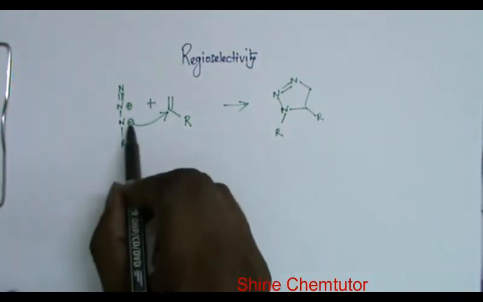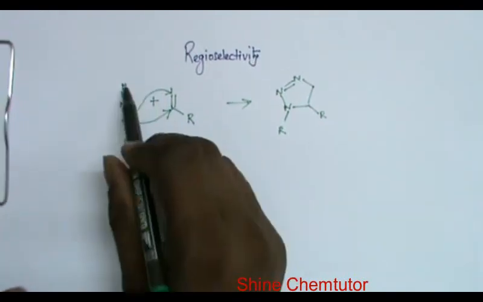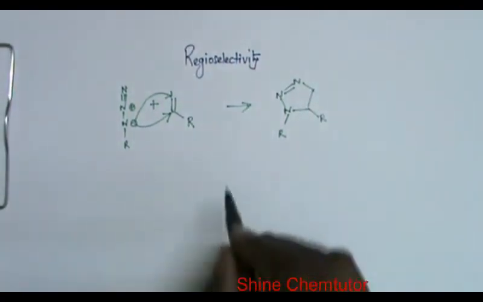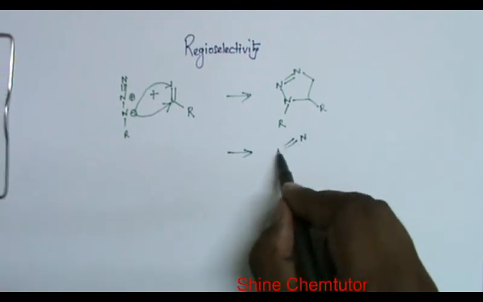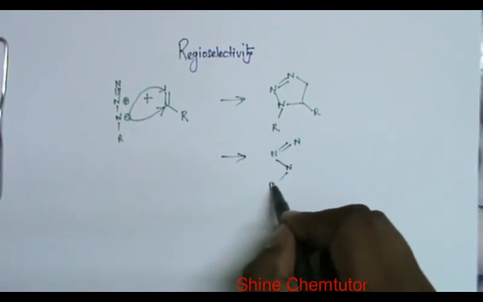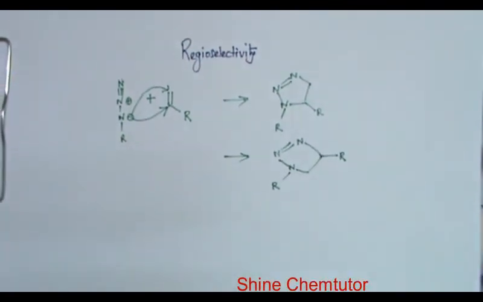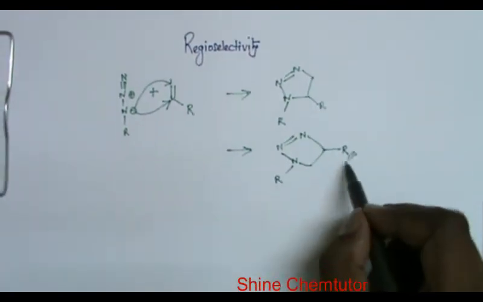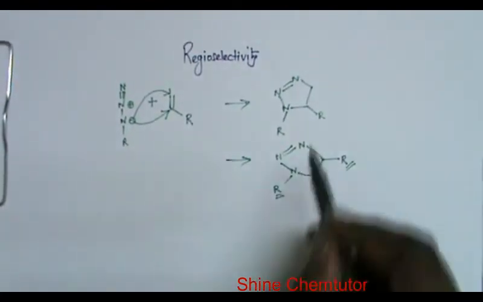On the other hand, this can attack this particular carbon and a ring can be formed between these two. We may get another product like this. Here the two groups are on 1,3 atoms, but here it is 1,2.